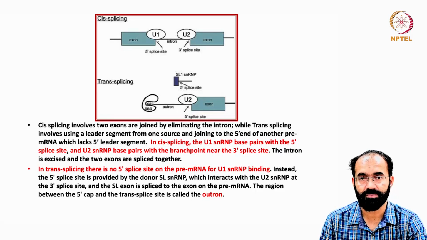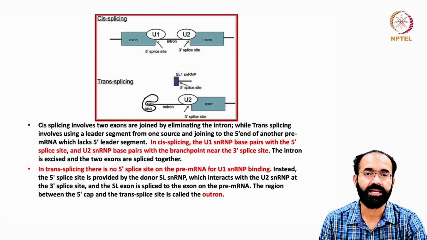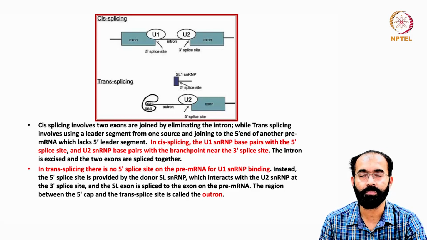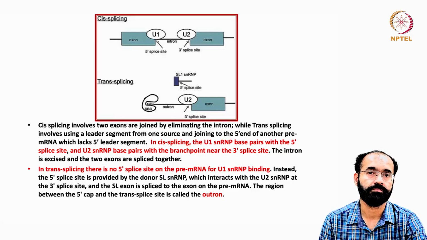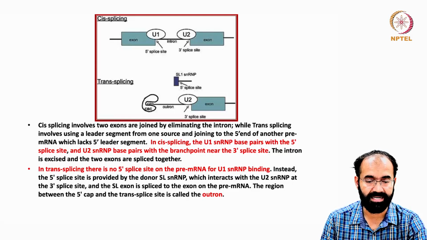What we understand from this is that several RNAs need this, just like you need shoes. Several RNAs need this 5' leader sequence, but are incapable of having it in their own genome. It is produced elsewhere and provided by trans-splicing.